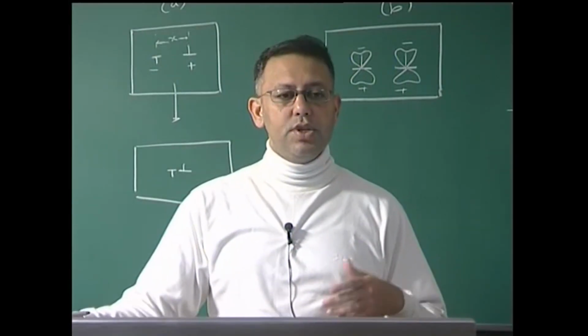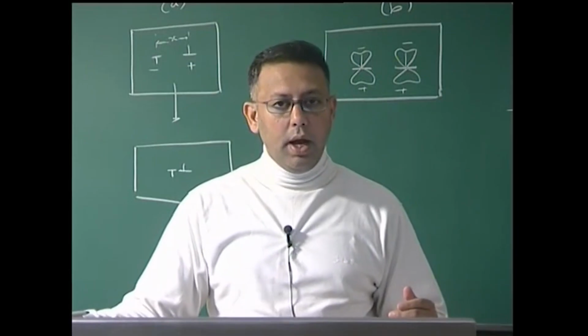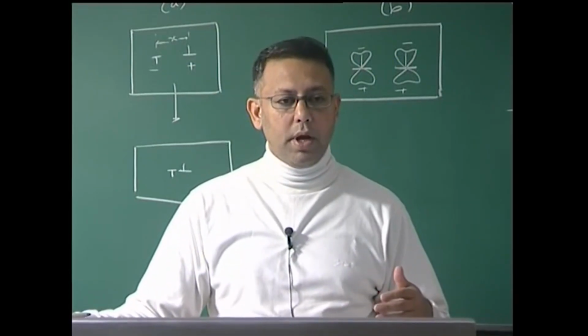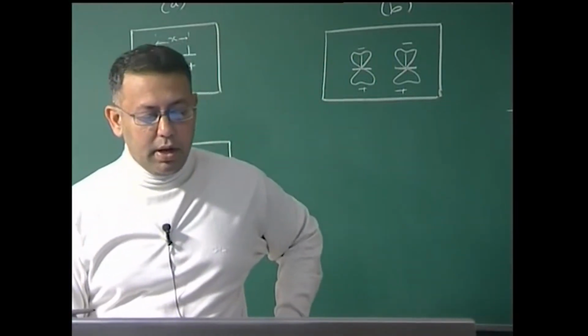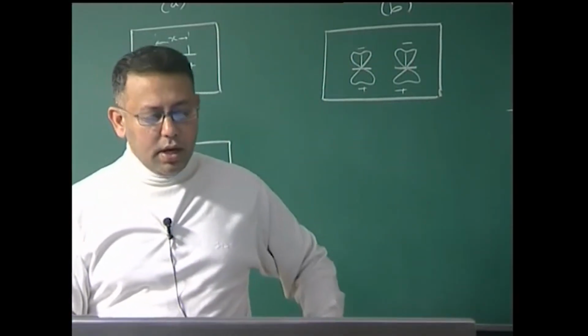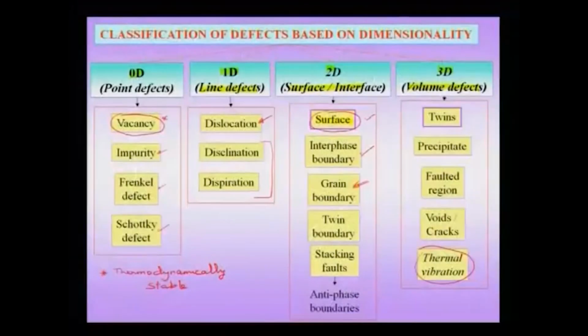In other words, it will consist of single crystalline regions, and these regions would be separated by what is known as a grain boundary. We will have a look at an example grain boundary very soon. The other kind of two dimensional defect is what is called a twin boundary, and we will also talk about a twin boundary very soon. In close packed crystals, there is another kind of defect called a stacking fault, and a special kind of stacking fault is what is called an anti-phase boundary, which is found in ordered materials.